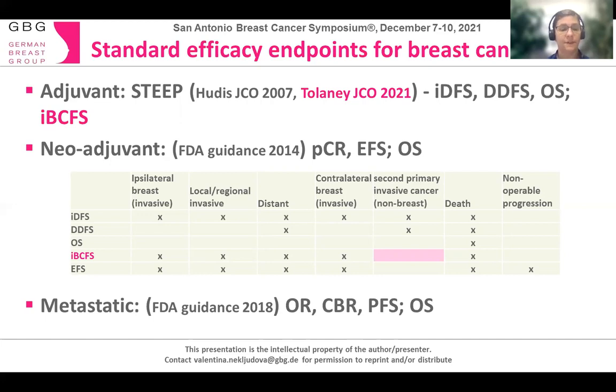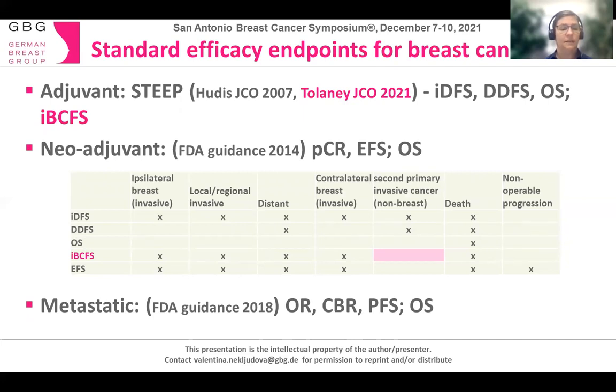Invasive breast cancer-free survival was added with this year's update and differs from the IDFS in not counting the secondary malignancies as an event. I refer to the publication for the discussion of the implications to be considered choosing one or another.